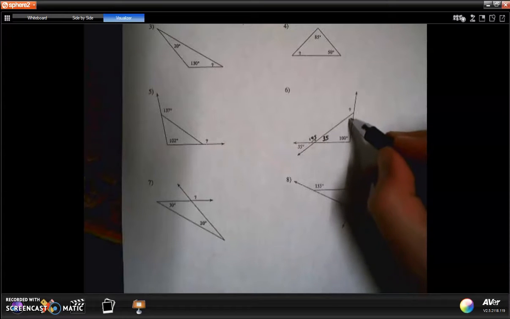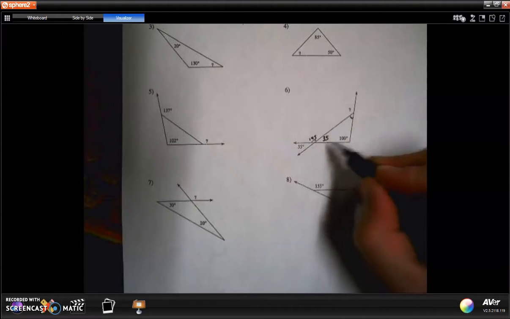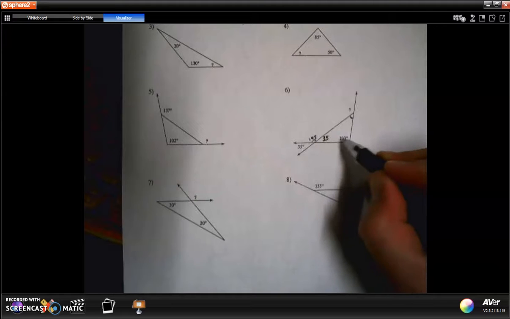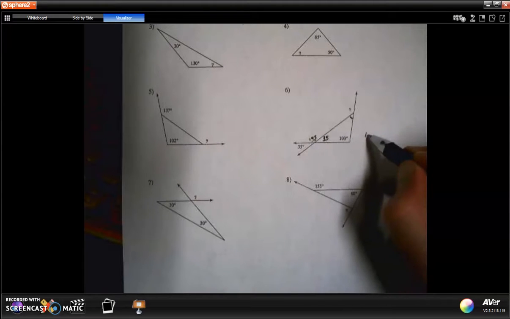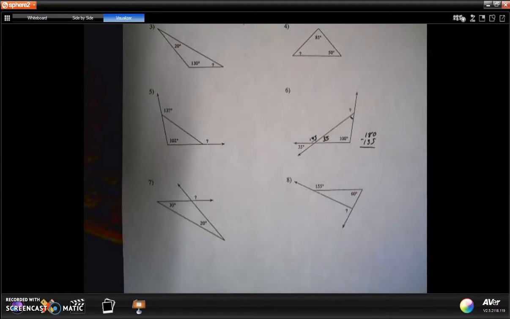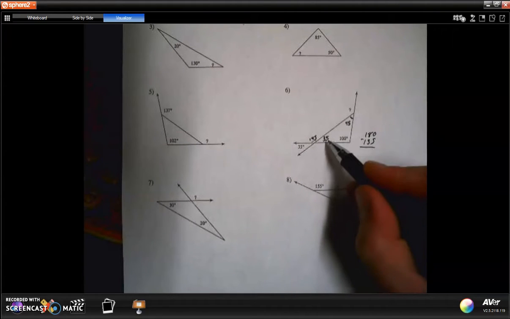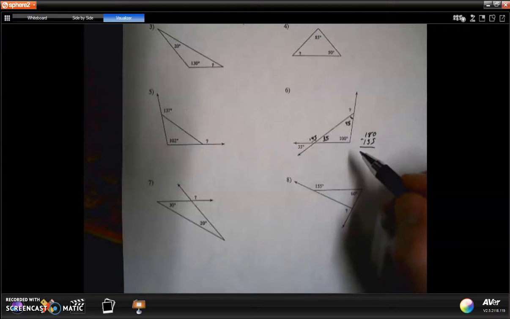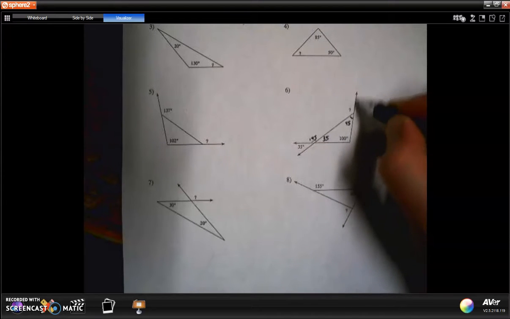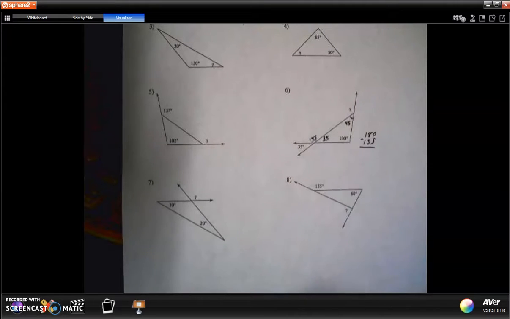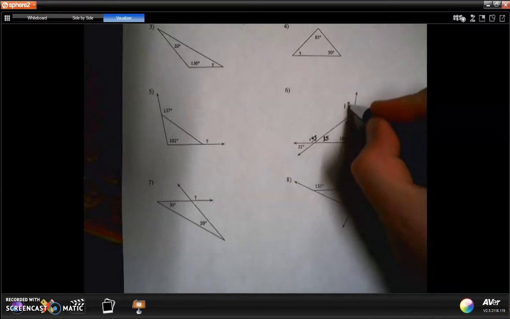I can now find this angle inside, because these two angles add up to 135, and 135 subtracted from 180 is 45 degrees. 45 plus 35 is 80, plus 100 is 180 degrees. But I'm trying to find this question mark. It's on a straight line, meaning this angle and that angle add up to 180 degrees. So 180 minus 45 is 135 degrees.